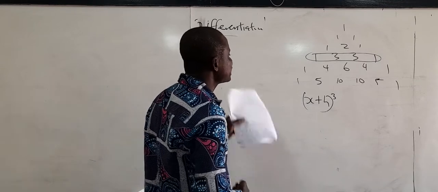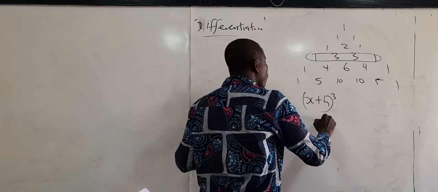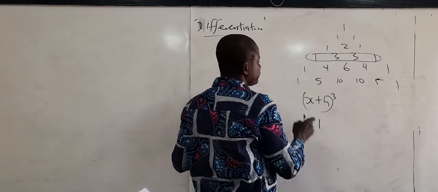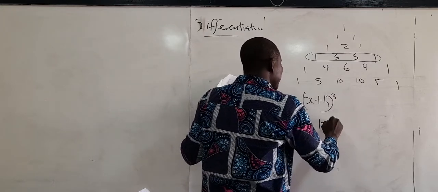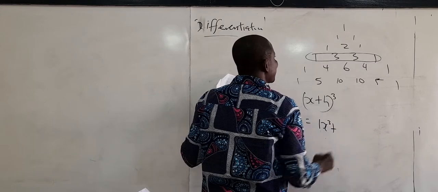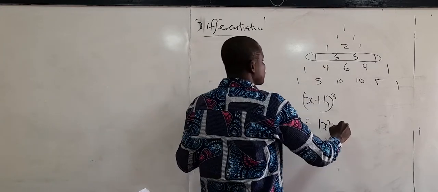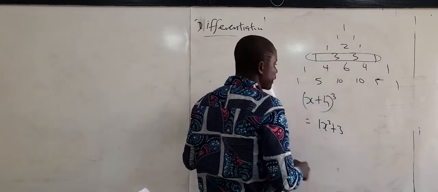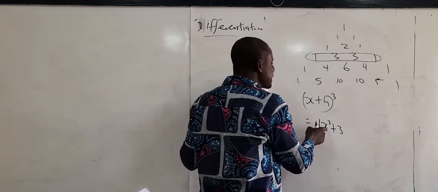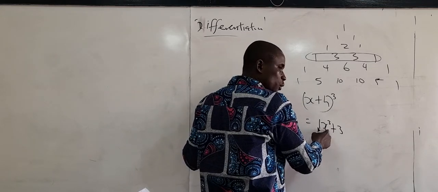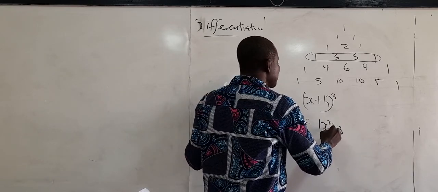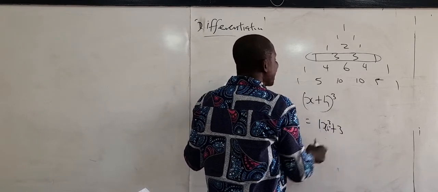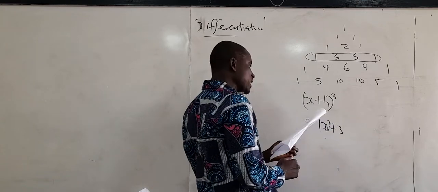So here, I said that the first coefficient is what? We have 1, okay? Then I pick this x, then I bring this 3, plus, next coefficient is what? It's 3. Remember that this is x cubed, h to the 0. So h to the 0 is the same as 1, that's why we didn't write it. So as x decreases, h increases.